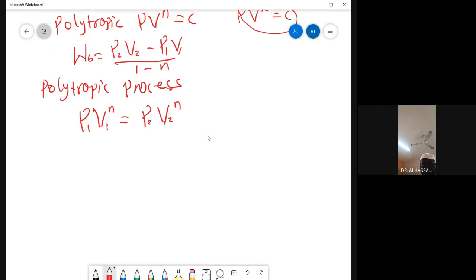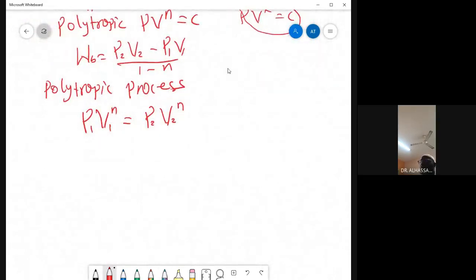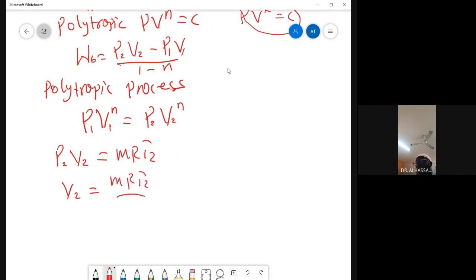One thing we should know is that at state 2, we know the temperature and pressure. So P2 V2 also obeys the law mRT2. So V2 equals mRT2 divided by P2.